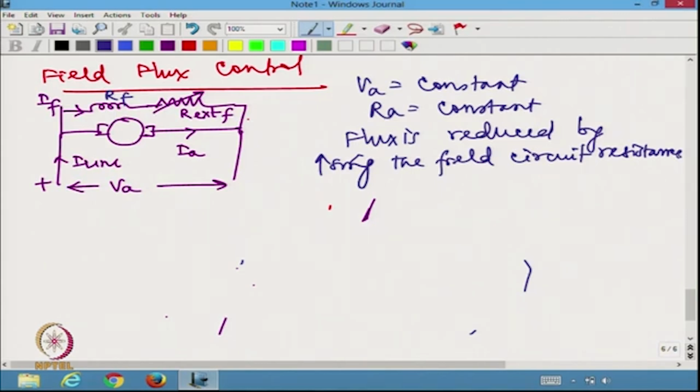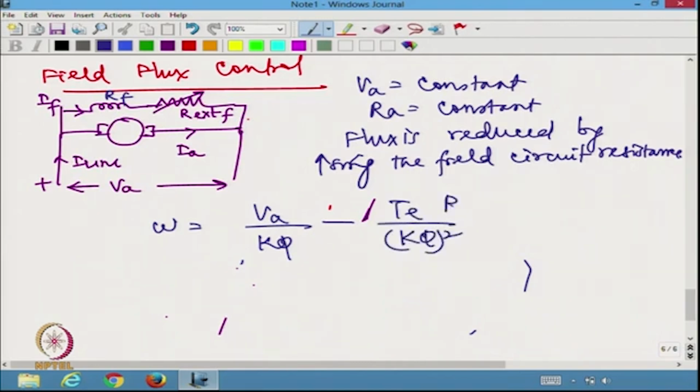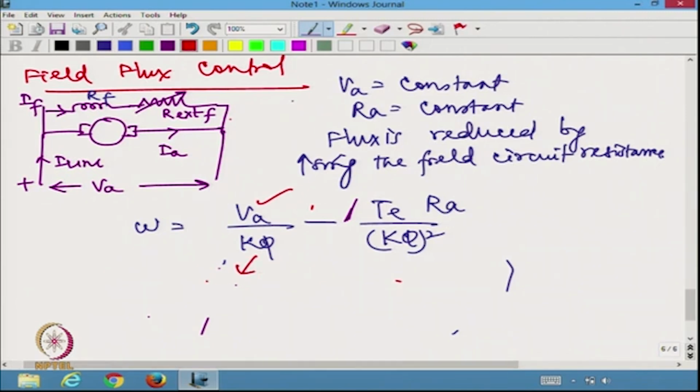So, whenever I am going to have field flux reduced, you think about it, omega is equal to VA divided by K phi minus TE divided by K phi whole square multiplied by RA, right. So, you are going to have, even for a constant value of VA, the no load speed also changed.